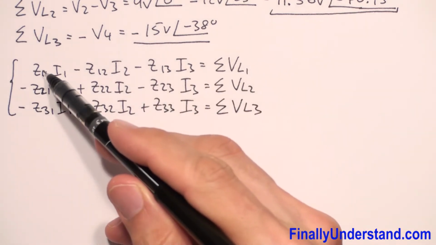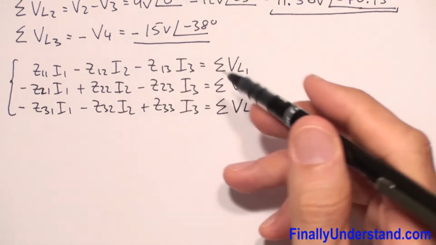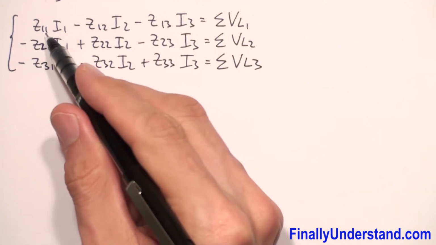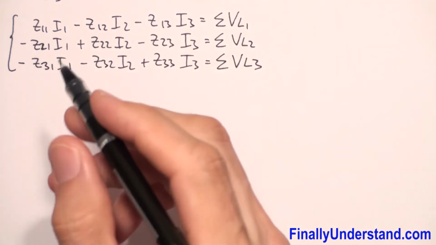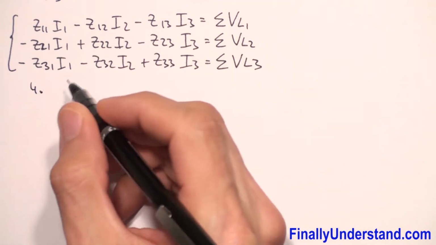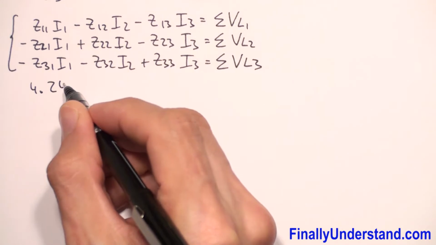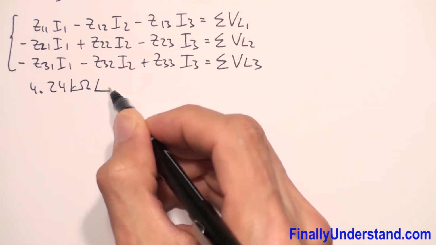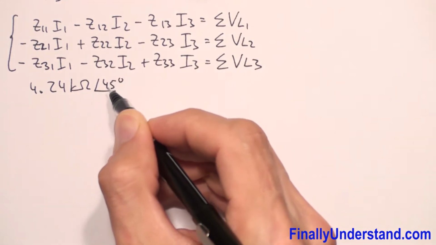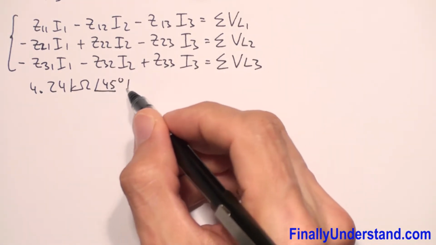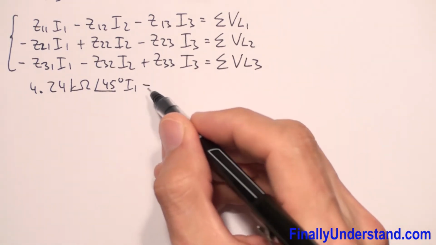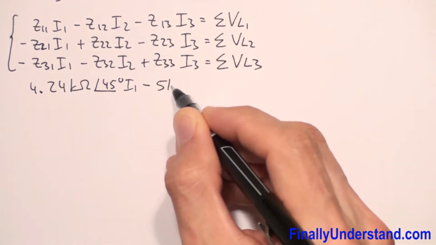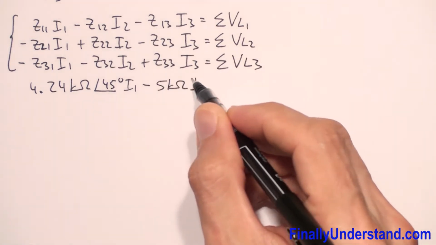So you have to replace the Z's and the voltages by the numbers. We have Z11 we found is equal to 4.24 kiloohms and angle of 45 degrees. This is my I1. Minus Z12 we found is equal to 5 kiloohms I2.